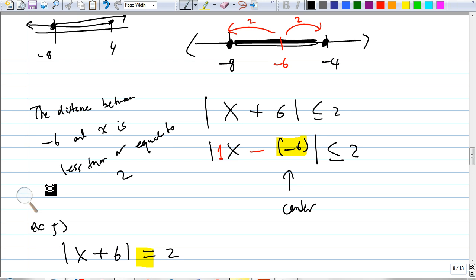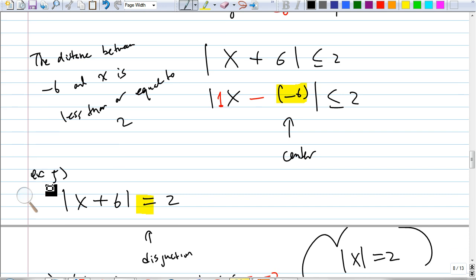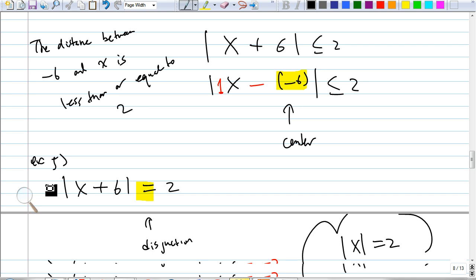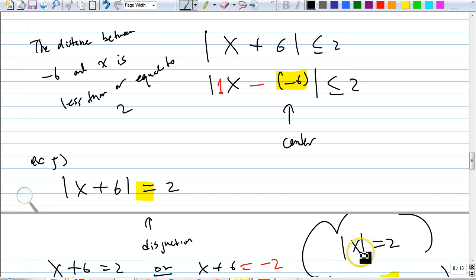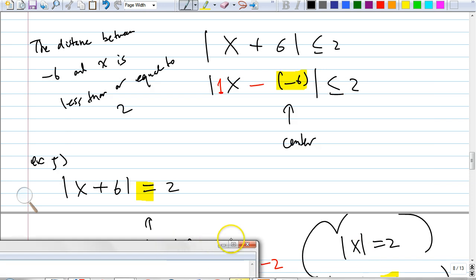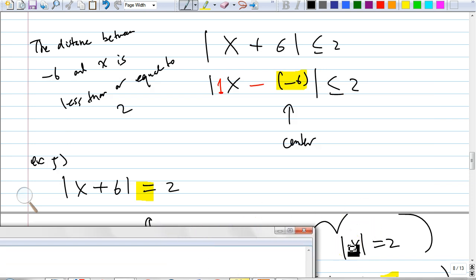Hold on, let me show you this, guys. It's a disjunction because, guys, what is the solution for this? Think about this example. If I have absolute value of x equals 2, what are your solutions? -2 and 2. Is it -2 and 2, or is it -2 or 2?